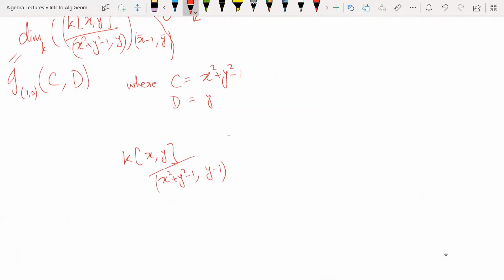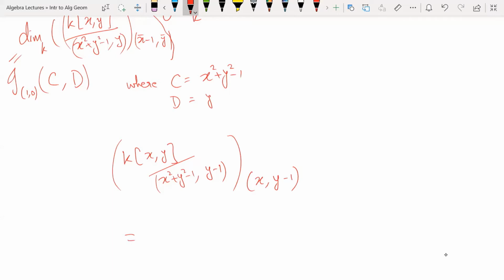And the point we are interested in, so we are going to localize at (x, y - 1). Let's look at what happens. So y is equal to 1 in this equation, and we just plug that in.